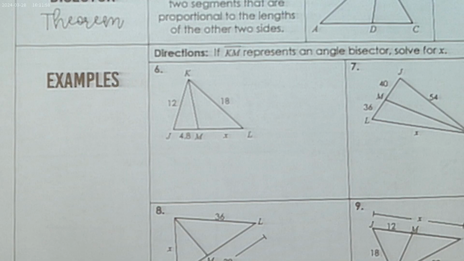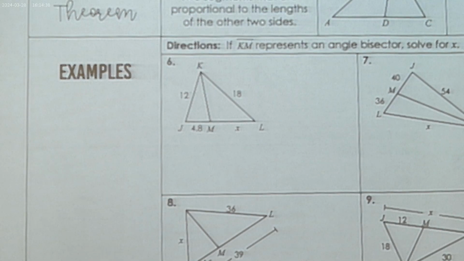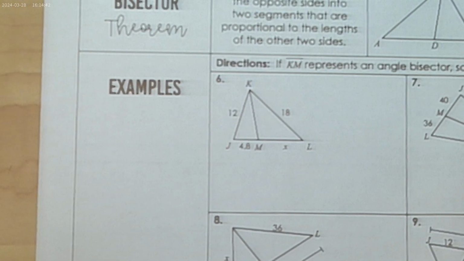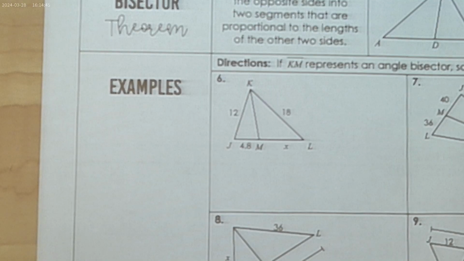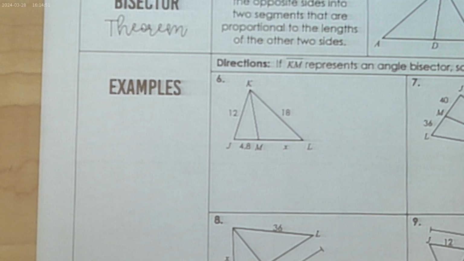So let's start with this one. All right. Well, I will admit I had to consult my notes a little bit on this because when I reread the triangle angle bisector theorem, it really did not make any sense to me. So like I said, I had to read through my notes.